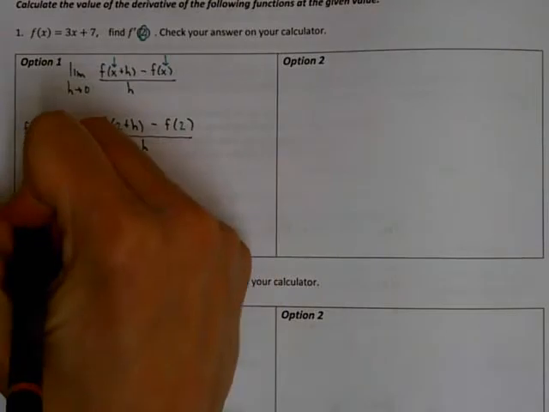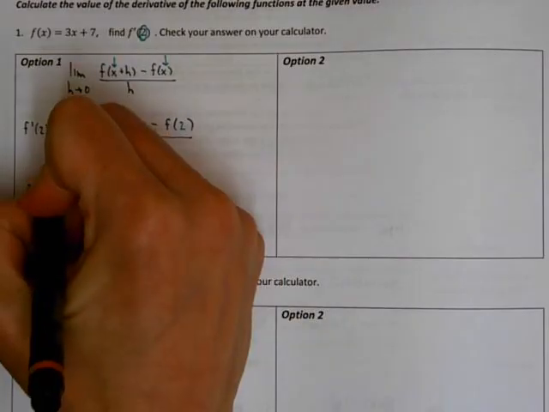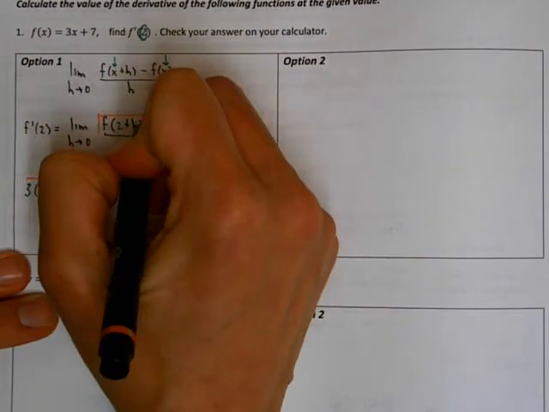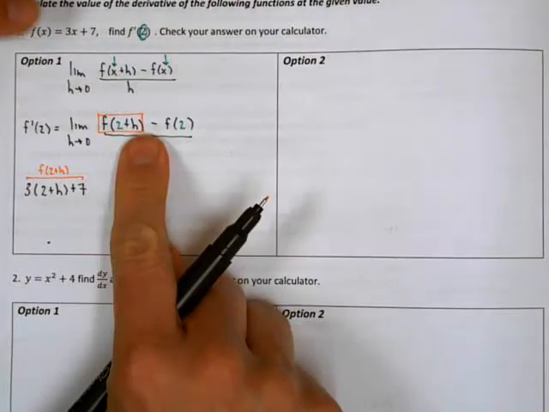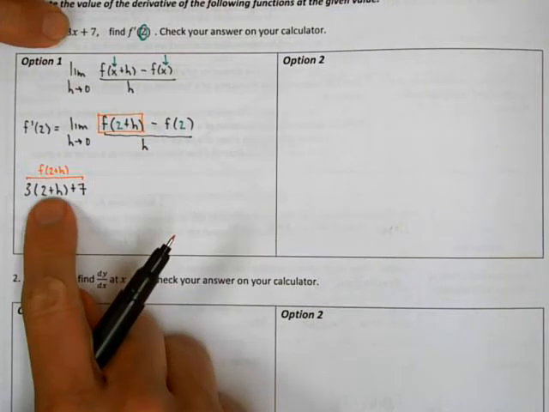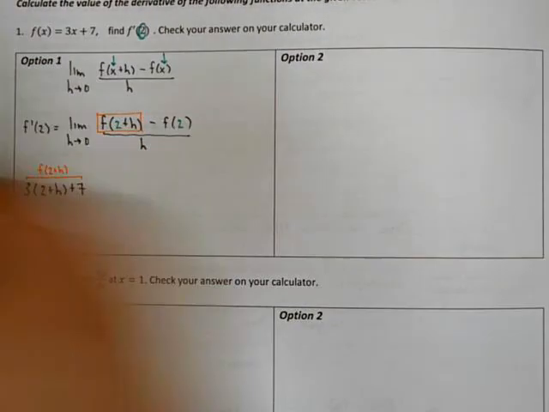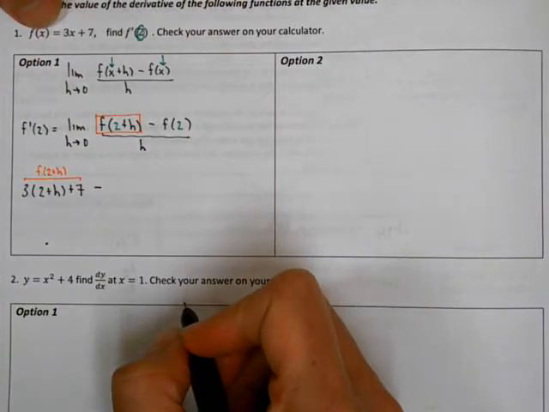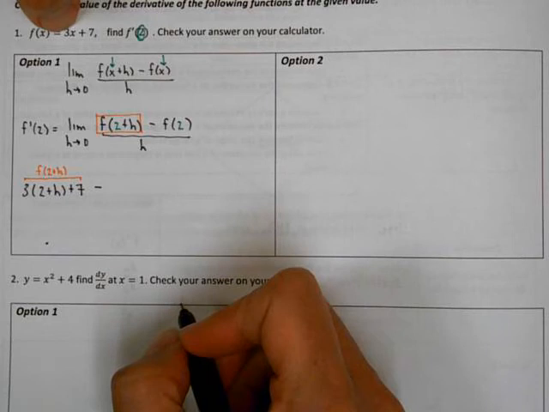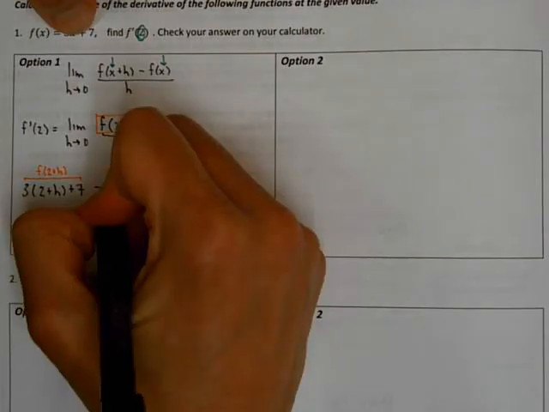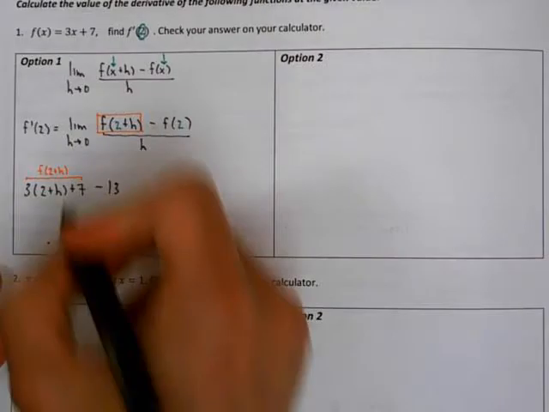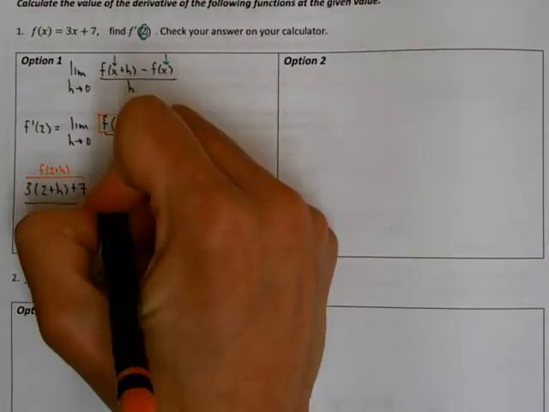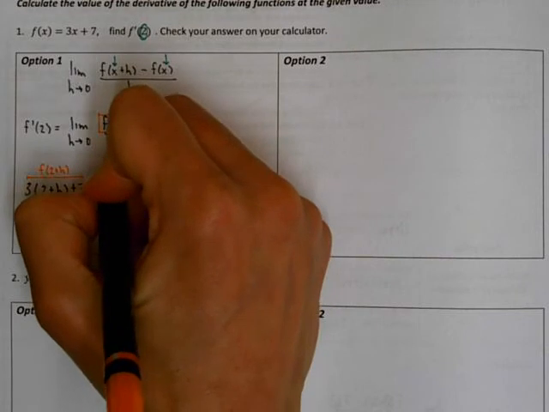This really is just f of 2 plus h. Right? I did this piece here. F of 2 plus h, I just substituted 2 plus h everywhere I had x. Now I'm going to subtract f of 2. Well, f of 2, if I substitute 2 for x, 3 times 2 is 6, plus 7 is 13. And that's going to be all over h. So again, if we're keeping track here, this 13 was just f of 2.